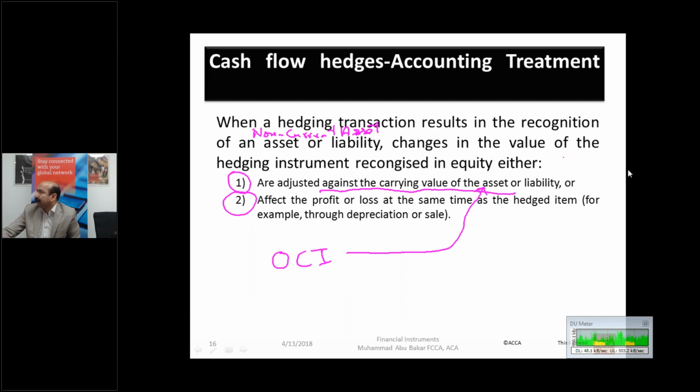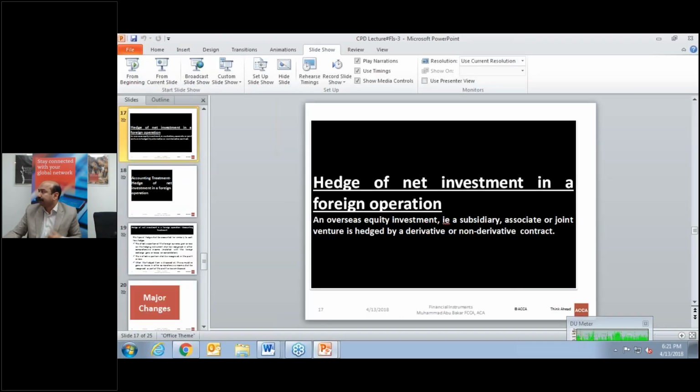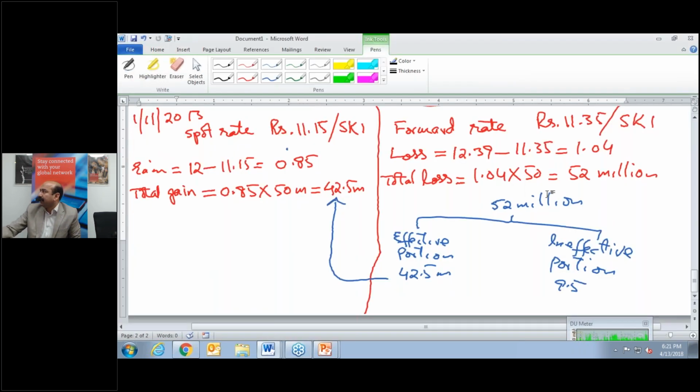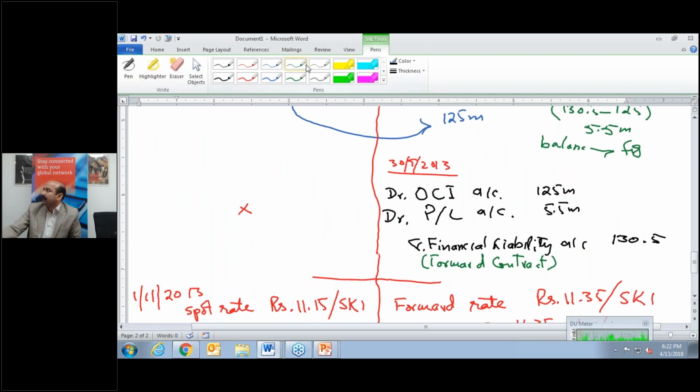And how much did we transfer to the OCI? We can see from here the amounts which we have transferred in OCI. This is one amount debited to OCI.